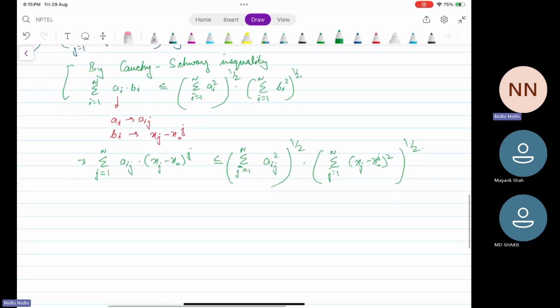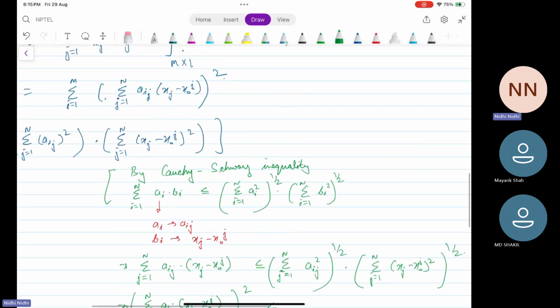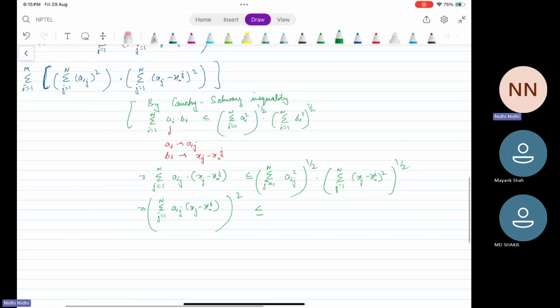Now squaring both sides, we get the summation over j from 1 to n of aij times (xj minus x naught j), whole squared, which is less than or equal to the summation over j from 1 to n of aij square times the summation over j from 1 to n of (xj minus x naught j) square.